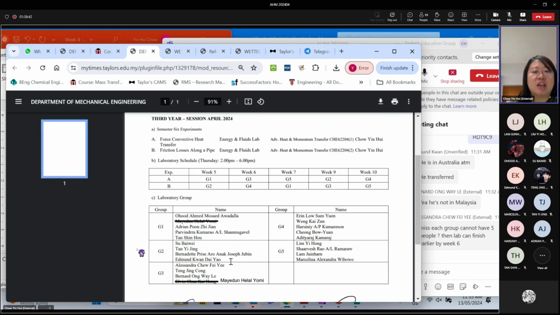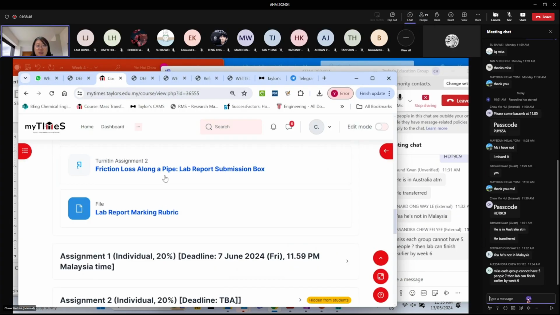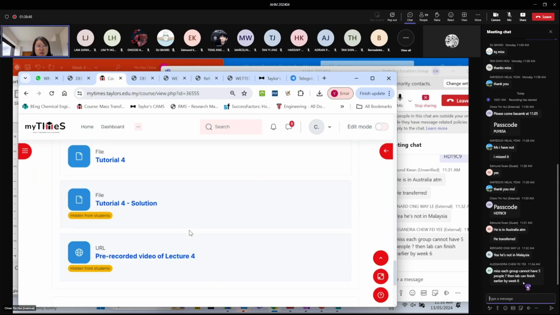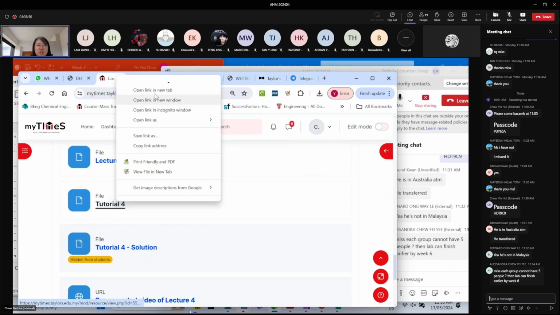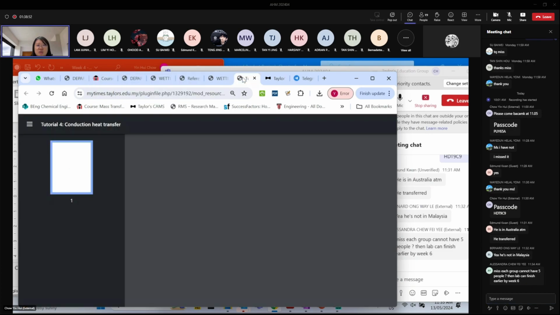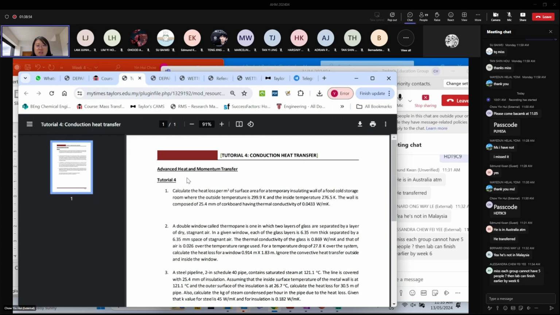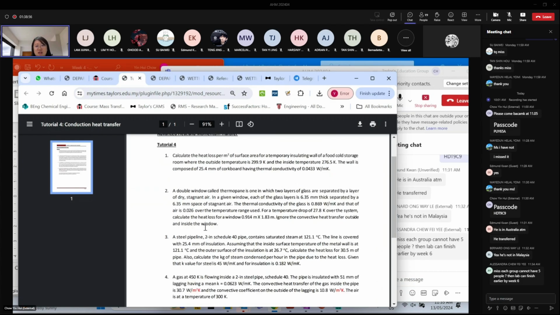Then another thing that I want to discuss with you, for tomorrow. If you refer to the question, it is quite straightforward. I just want to ask your opinion. It's more like conduction, convection, combined conduction and convection calculation at quite a basic level. It may take about 1 hour 15 minutes to 1.5 hours.